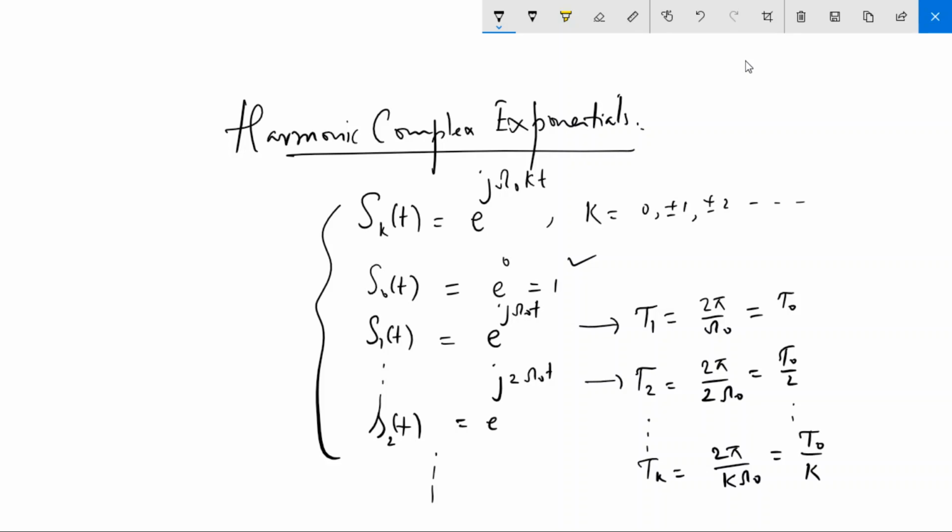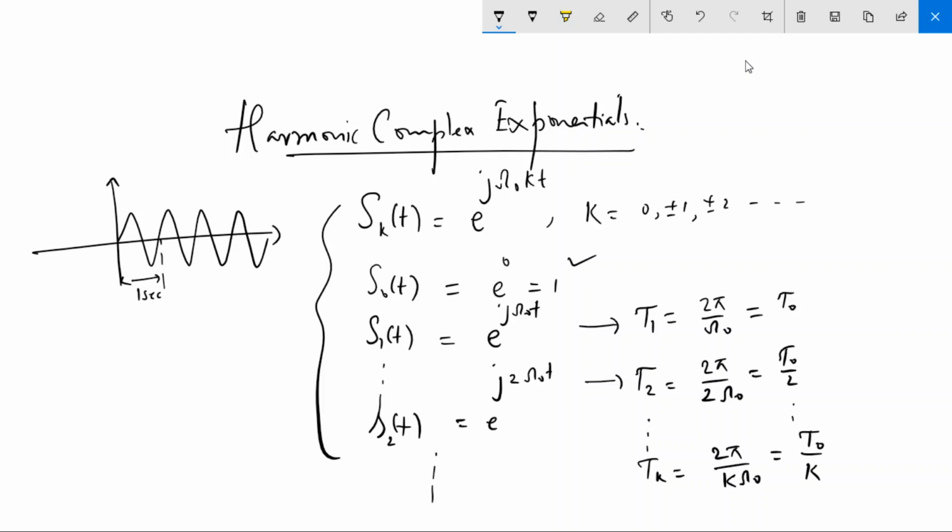Now if you combine all these signals together, what do you get? This is one thing that you must understand: suppose I take a periodic signal, say a sine wave, with time period 1 second.